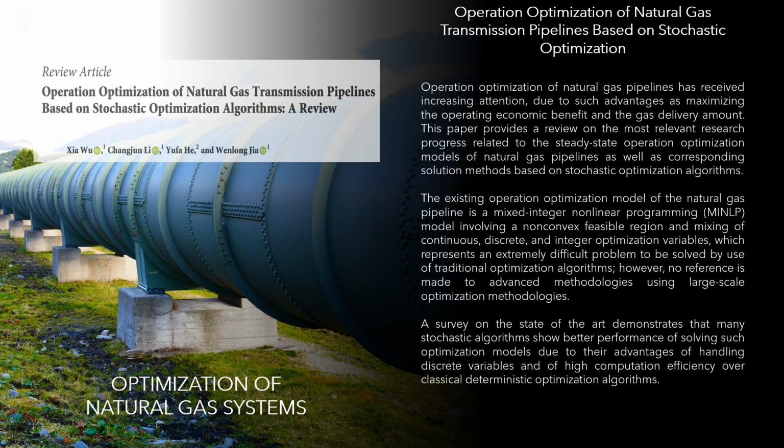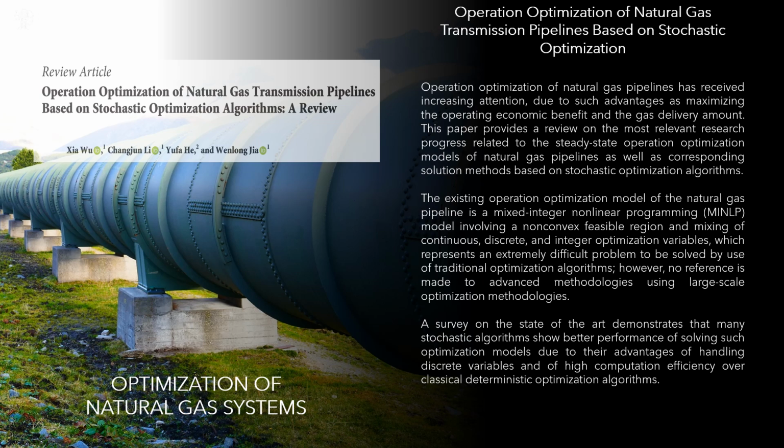Optimization of natural gas networks based on stochastic optimization. This model provides a review on the most relevant research progress related to the steady-state operation optimization models of natural gas pipelines as well as corresponding solution methods based on stochastic optimization algorithms.